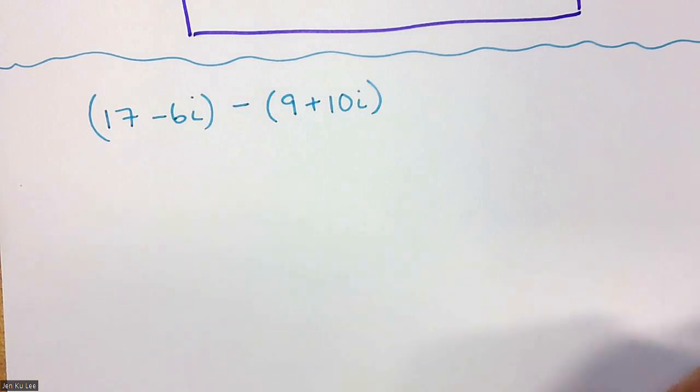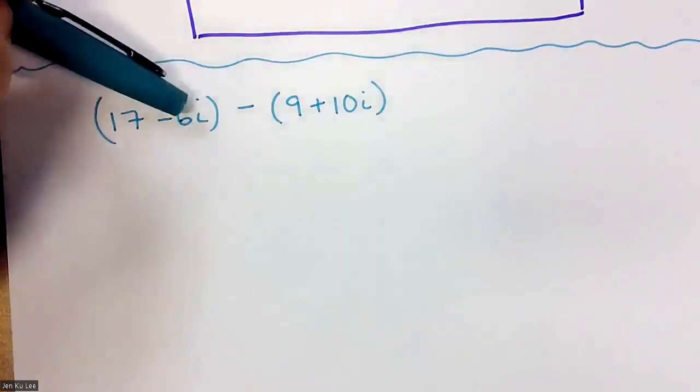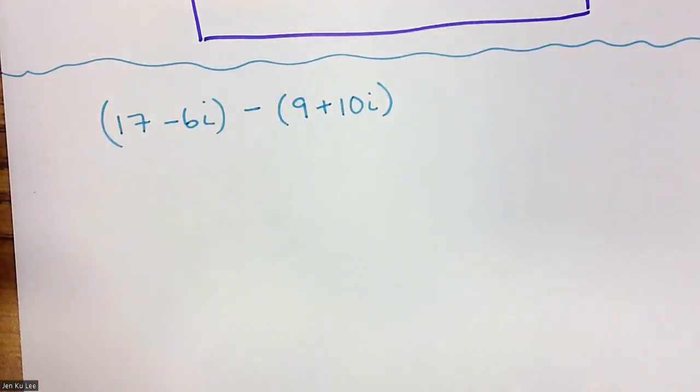Box and FOIL. We're going to get into foiling later when we multiply, but we don't FOIL when we're subtracting. Combine the like terms. That's all we're doing. We're just combining the like terms.